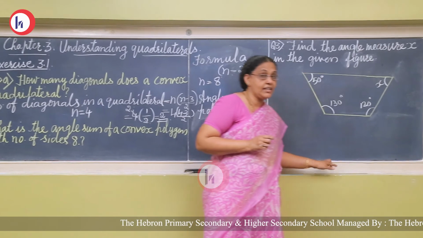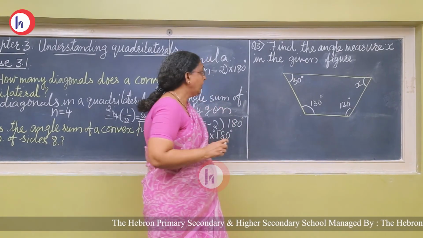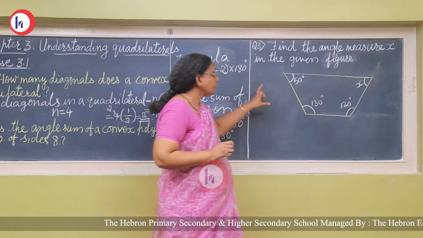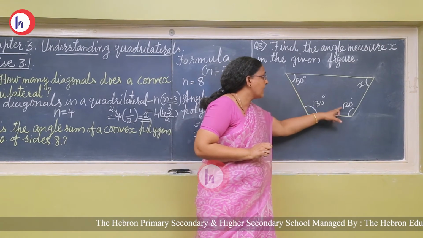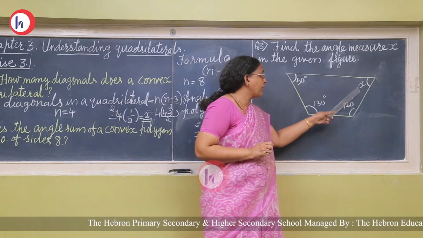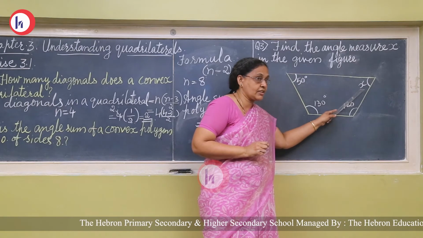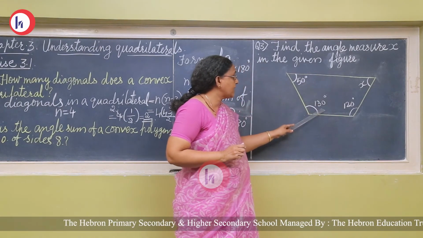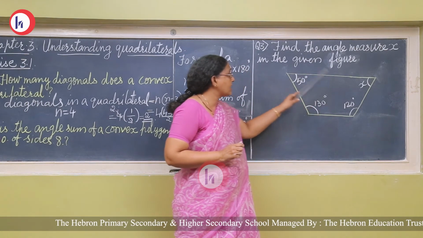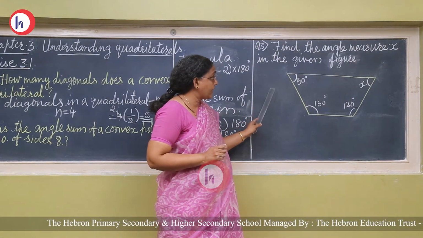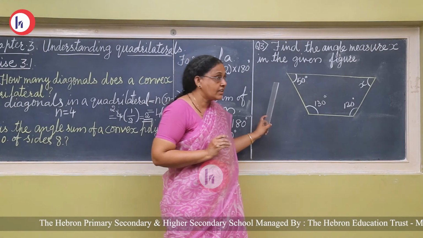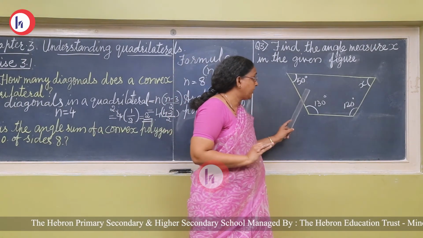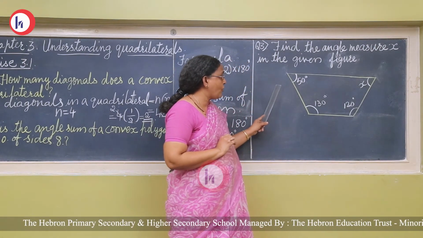Another sum we can solve. There you can see that all 3 angles are given and we have to find out only one, x. Now when we want to find only one of the angles, we already learned the angle sum property of a quadrilateral, that is always 360 degree. And how can you tell it is a quadrilateral?